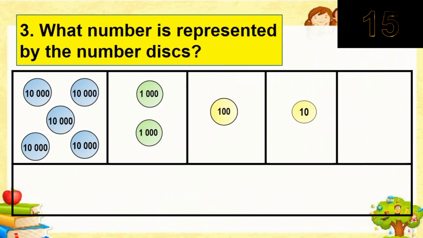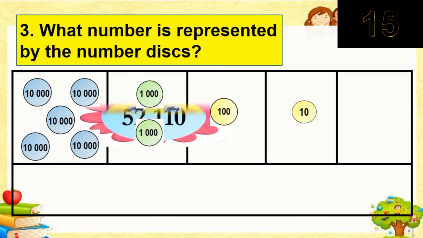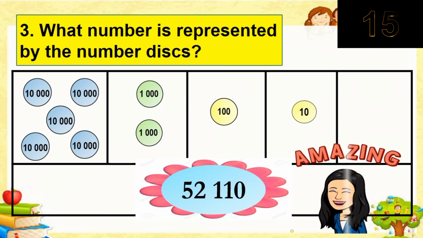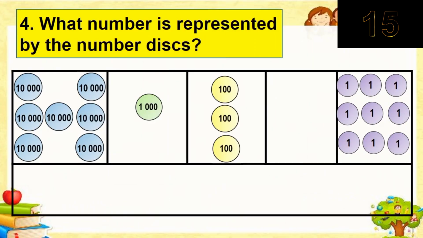Question number 3. What number is represented by the number discs? Timer starts now. Time's up. The correct answer is 52,110. Amazing kids!